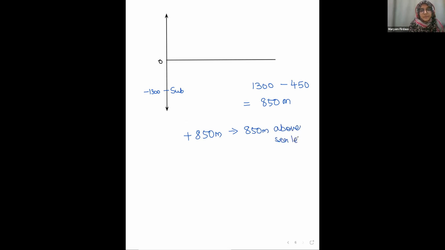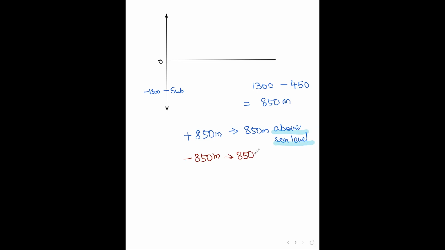Let me just highlight this above sea level part. And if I say it is negative 850 meters, what does that mean? 850 meters below sea level, right?